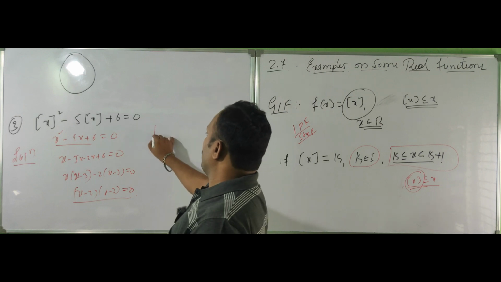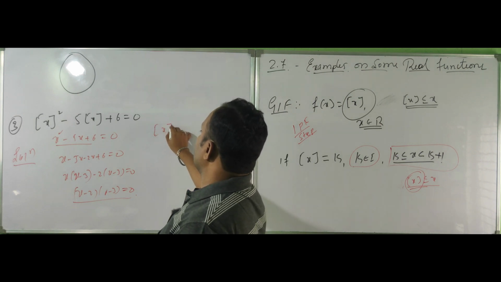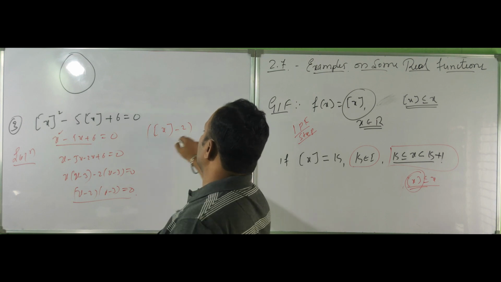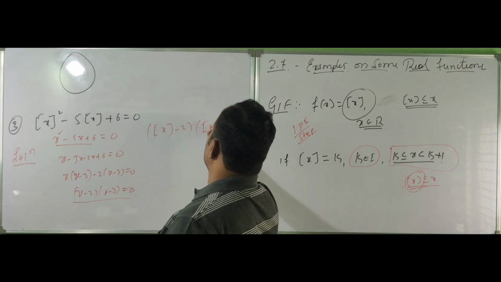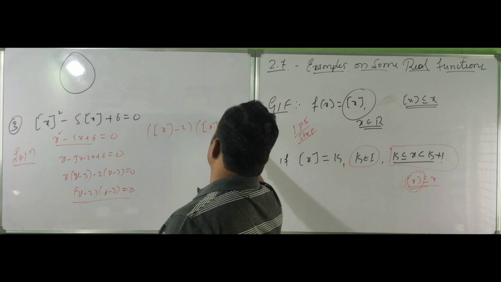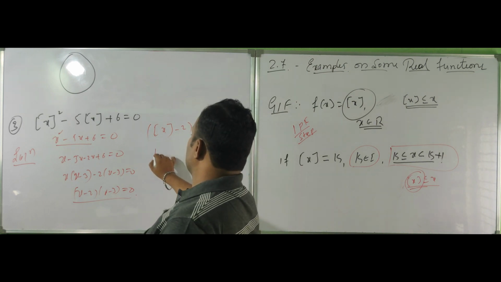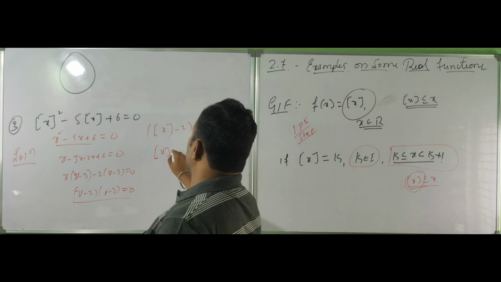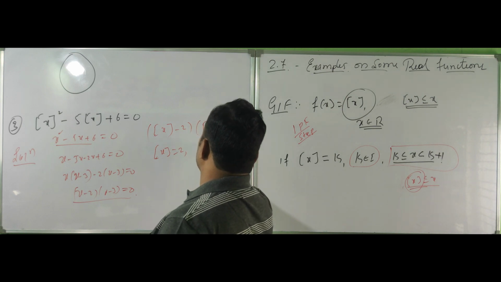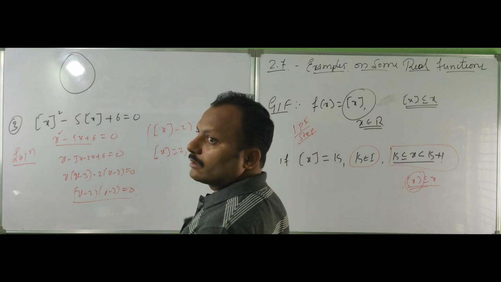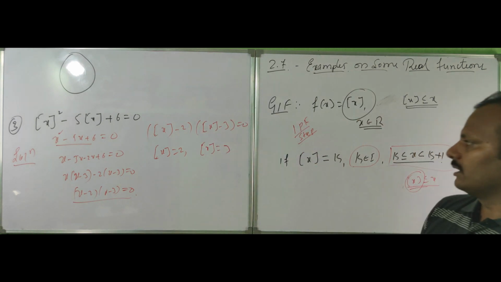Integer function of x minus 2 into integer function of x minus 3 is equal to 0. So anyone becomes 0, no? So this becomes 2 and this becomes 3.